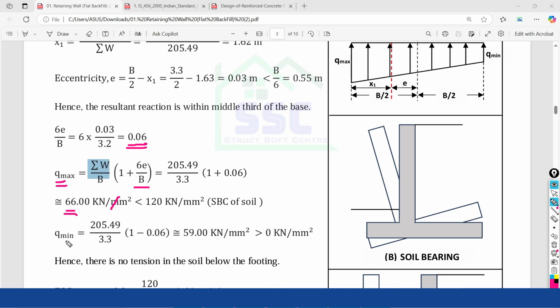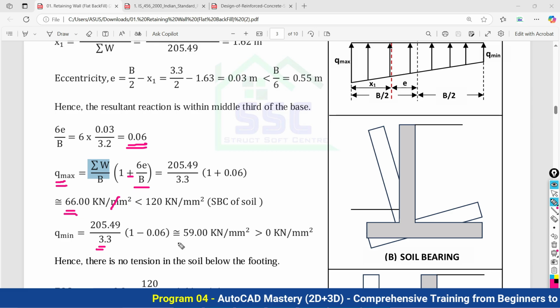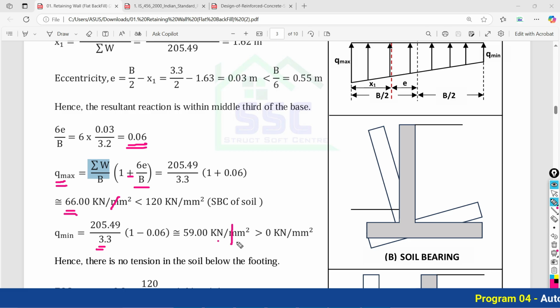Now secondly, the minimum pressure is 205.49 divided by 3.3, times bracket 1 minus 6 times e by b. So here 1 minus 0.06 gives 59 kilonewton per meter square. By mistake it is written here as mm square, but actually it is kilonewton per meter square.